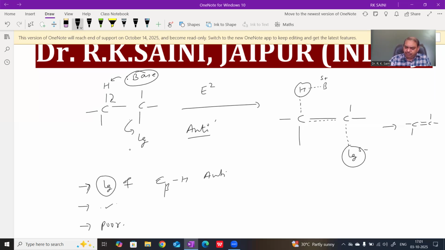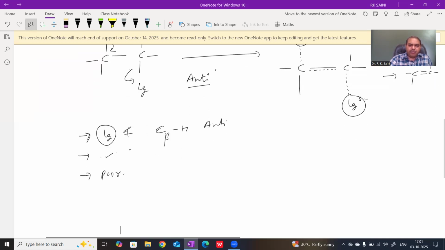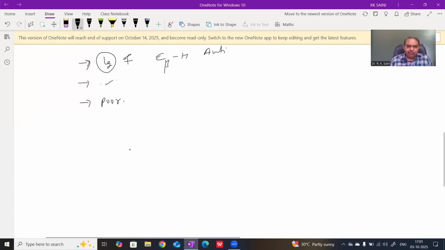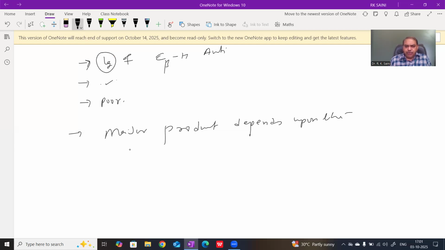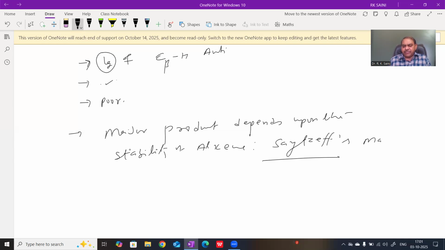And the major product is formed according to the stability of the alkene, or we can say the Saytzeff alkene. We know that Saytzeff alkenes are more stable and hence they are the major product of the reaction.